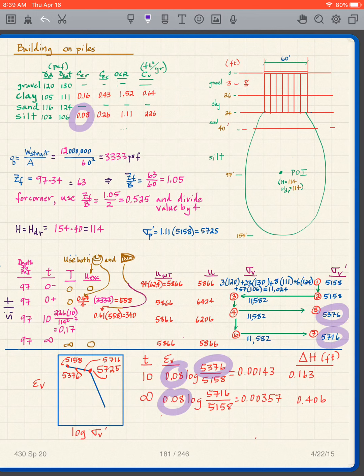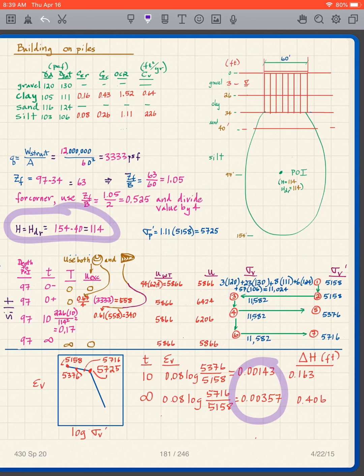At infinity, we use the 5716. We get our epsilon V's, and we multiply it times our H. Our H is 114. We get the delta H.